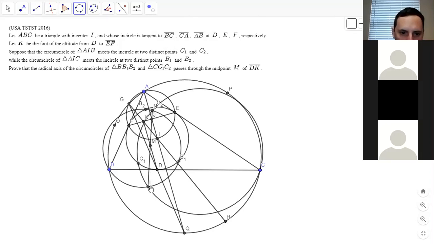L, N. So I'm guessing that's probably power of a point. Interesting.